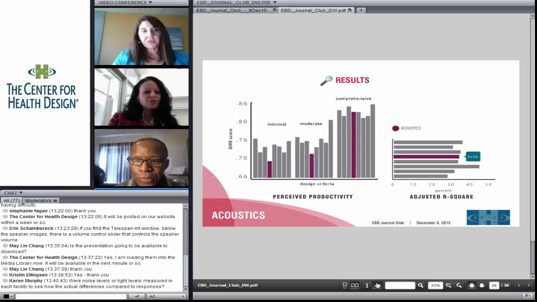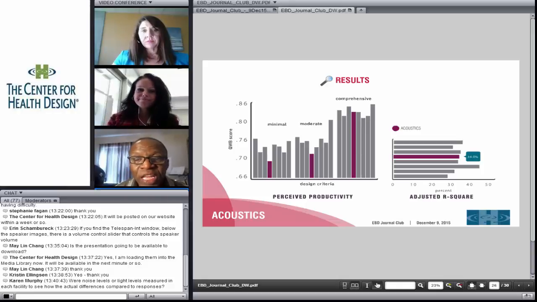Did you want to talk about this at all regarding the acoustics, Richard? Unless someone has a burning question, but what it did show here is a difference with acoustics between the minimum and moderate, there was no difference.